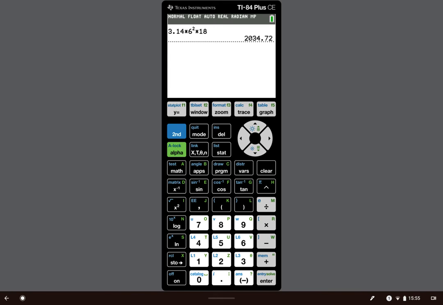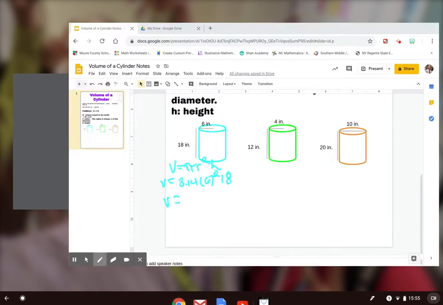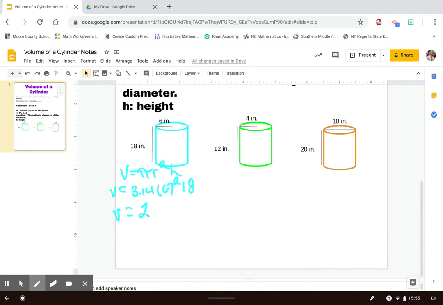So my answer is going to be 2034.7. Since I round to my 10th position, it comes out to be a 7, since it was a 2 in my 100th position.